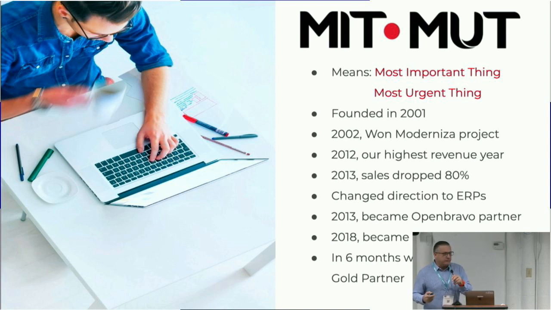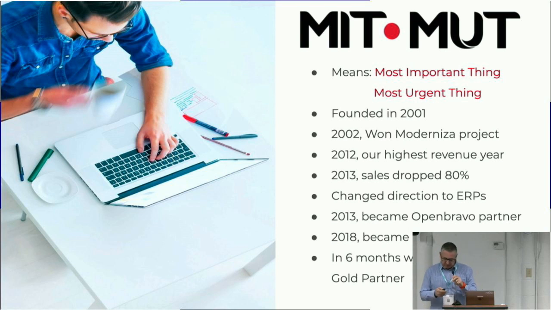In 2012, we had our highest revenue year. Then in 2013, we dropped 80% of our revenue. Then we changed direction. In 2018, we became an Odoo partner, and in 6 months, we became an Odoo gold partner.